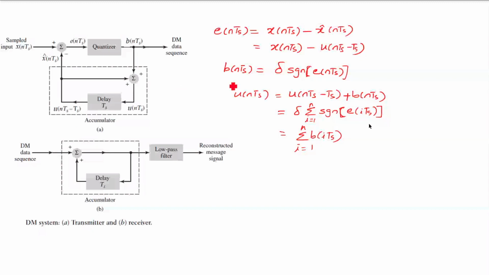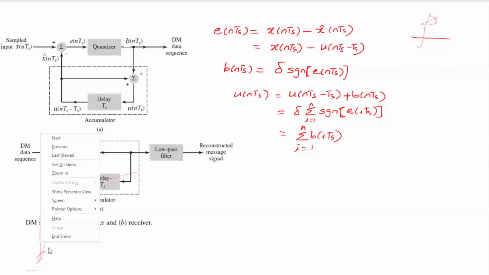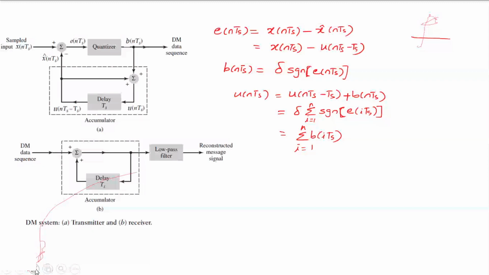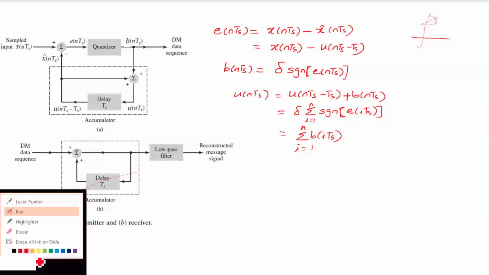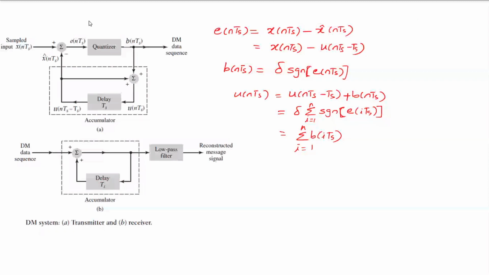And b of n Ts, we have seen the characteristic of the quantizer, right?